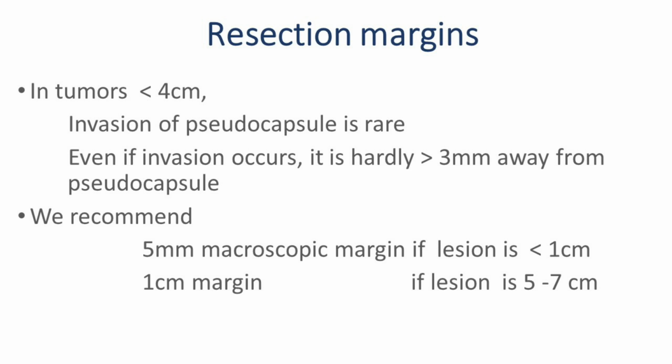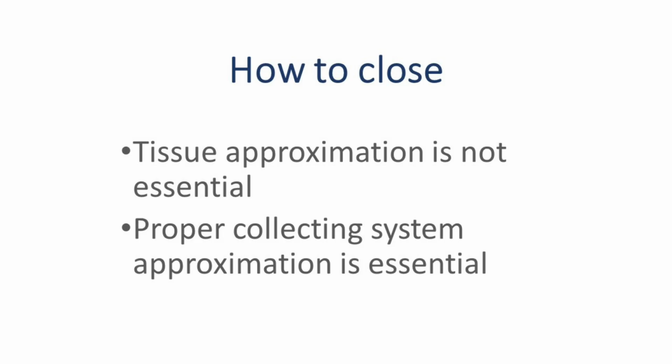Therefore, for tumors less than or equal to 4 centimeters in diameter, we advise a 5 millimeter macroscopically clear margin, and for larger tumors, a margin of 1 centimeter. Tissue approximation is not essential, since in some cases it is impossible. But careful approximation of the collecting system is essential to prevent a urinary fistula.